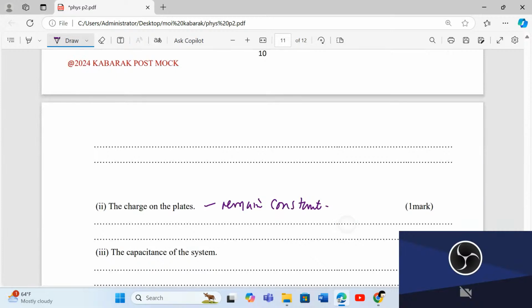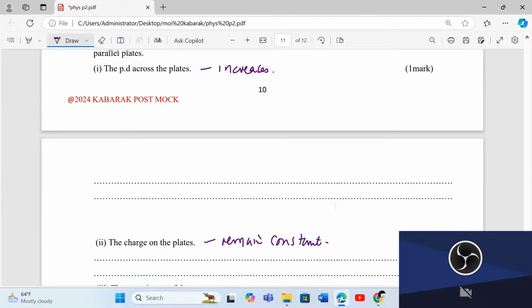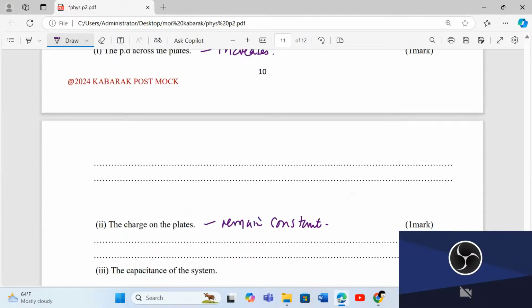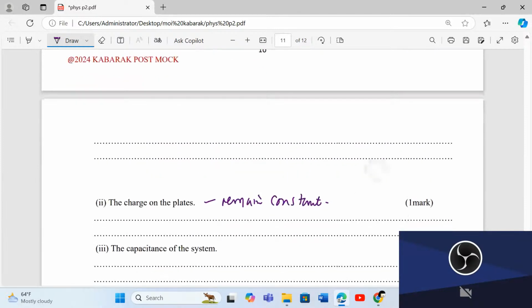The capacitance of the system: this one is going to reduce because we have seen that the potential difference is going to increase.